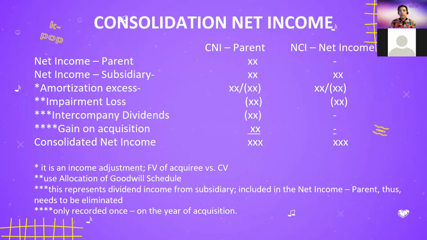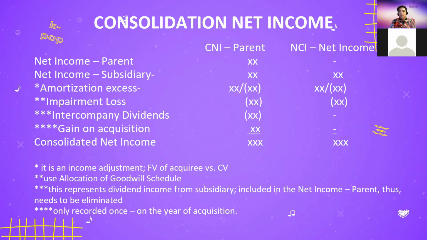Okay, so let's talk about this pro forma consolidated net income. Here, we're going to have two columns: consolidated net income attributable to the parent and non-controlling interest. For example, company A acquires 80% of the shares of company B. Company A doesn't buy it entirely, only 80%.